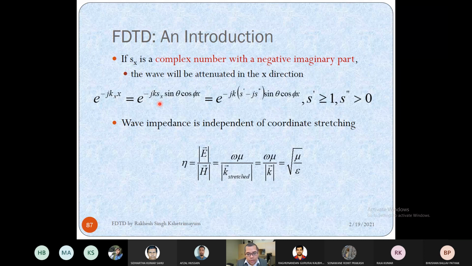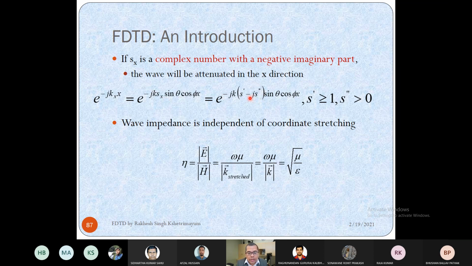When we want to implement it, only then do we need to worry about what the possibilities are. But here, when we are doing simulation, I can assume that this scale factor has a real part and an imaginary part. It is a complex number. The real part is positive and the imaginary part is negative. So the real part of Sx I have denoted by S dash and the imaginary part by S double dash. And you can clearly see that this is a negative imaginary number we have here.